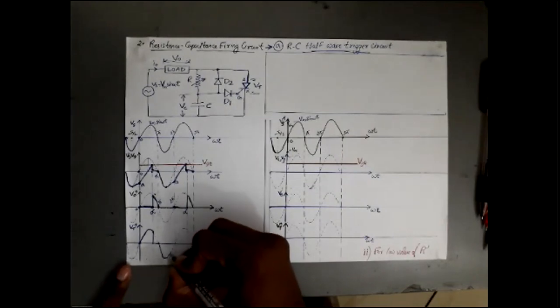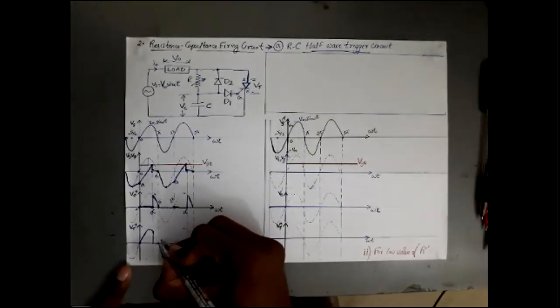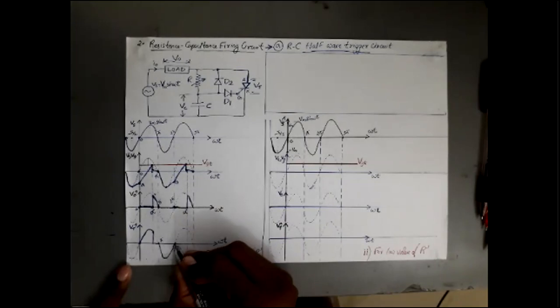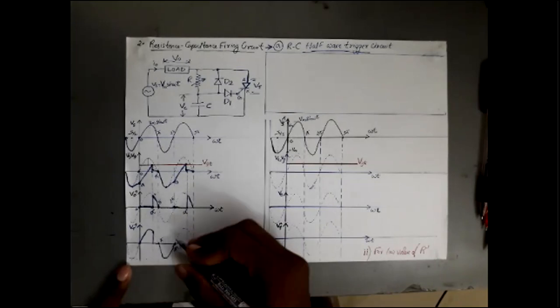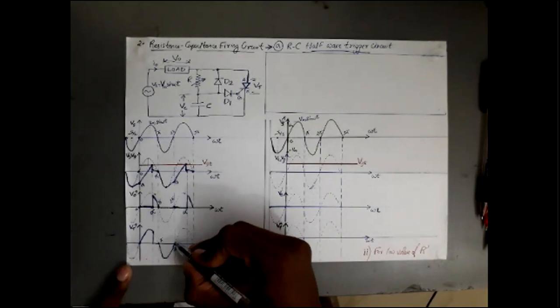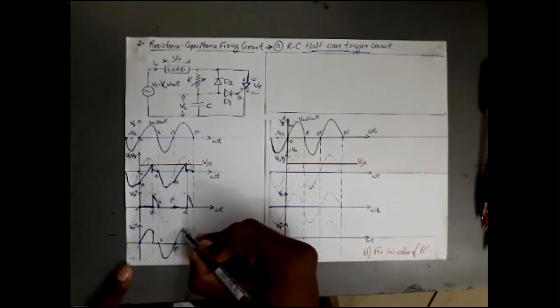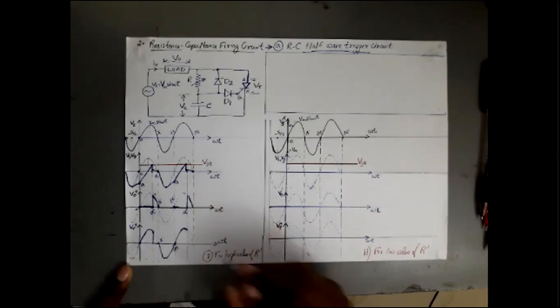Okay, Vt. And again from omega t is equal to 2 pi, my SCR is still in off state, and so my thyristor voltage will be same as that of the applied voltage Vs. So applied voltage will appear across my thyristor Vt up to omega t is equal to 2 pi plus alpha, because at alpha it is triggered again.